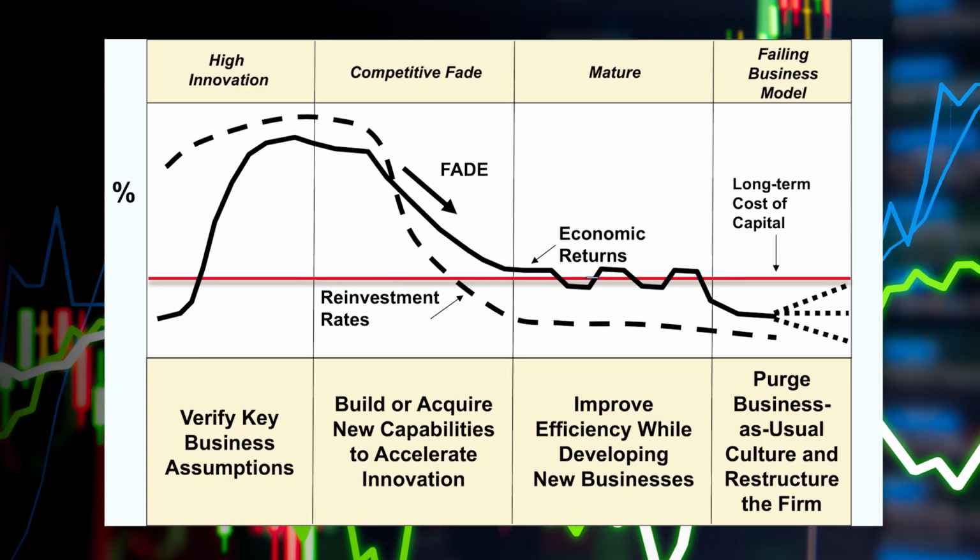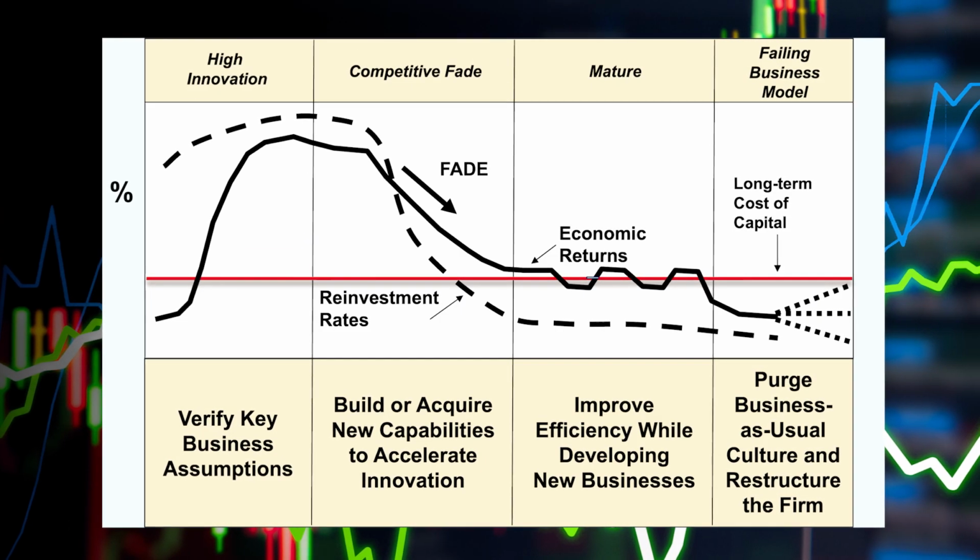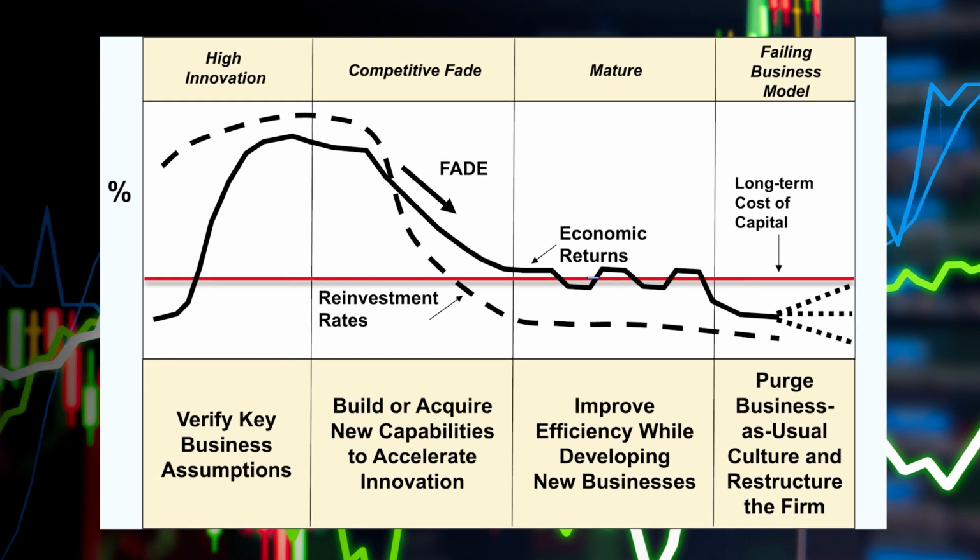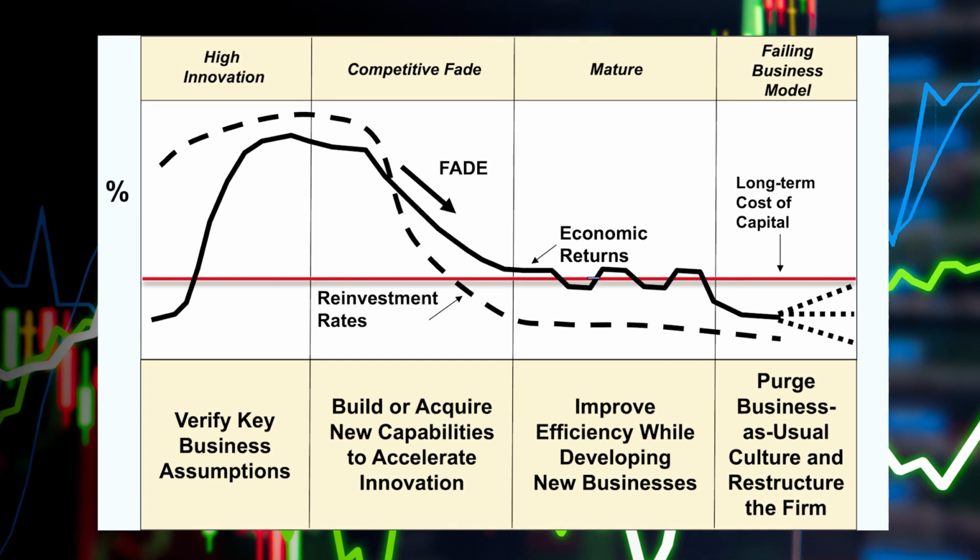In those early years, management's top priority is to confirm or disconfirm as quickly as possible the key business model assumptions and adapt accordingly. At the competitive fade stage, management needs to build or acquire new capabilities that deliver innovative customer solutions and not be satisfied with its existing competitive advantage.